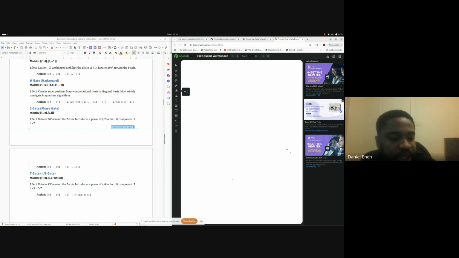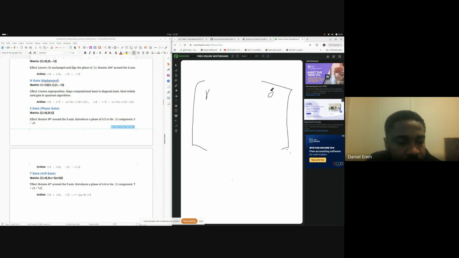So let's see what the T gate is. The T gate is this matrix: 1, 0, 0, e raised to the power i pi over 4.